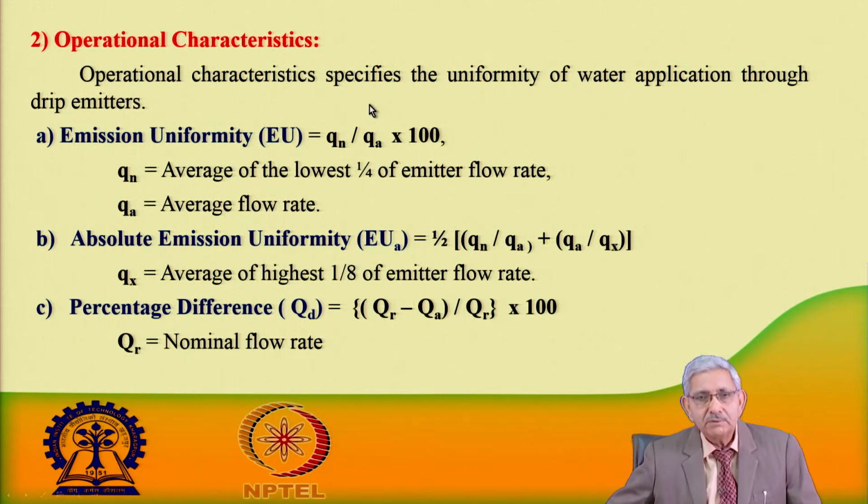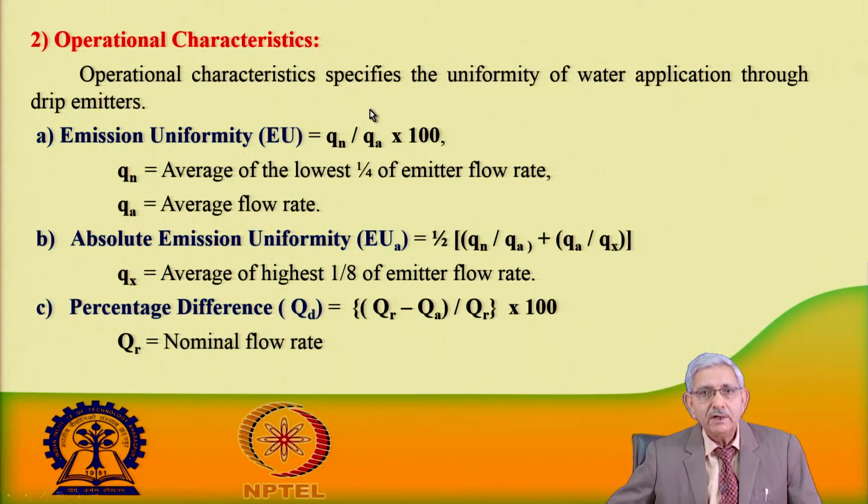The drippers connected in the lateral pipeline in the hydraulic test bench, the data are collected, and from that data the emission uniformity is one of the parameters estimated. The emission uniformity EU is given by Q n by Q a. Q n is the average of the lowest 1/4 of emitter flow rate, and Q a is the average flow rate.